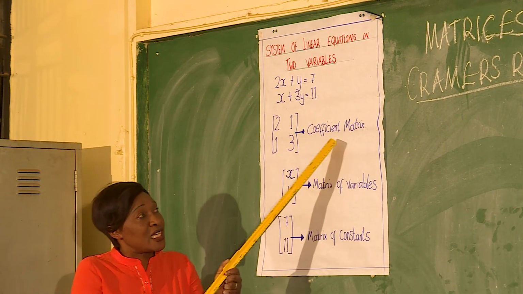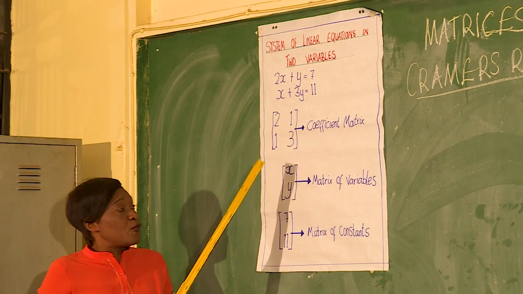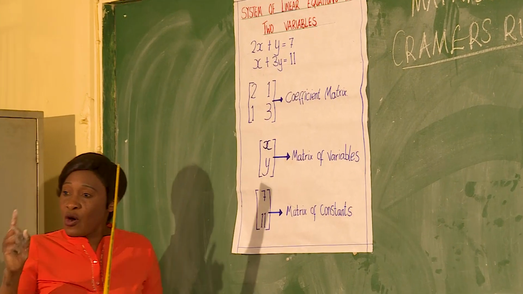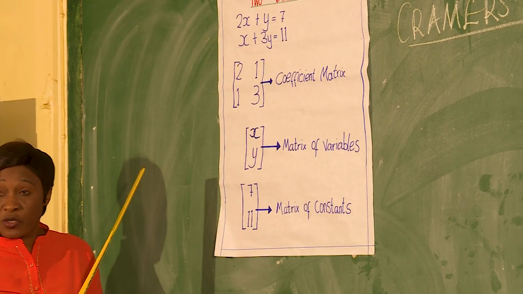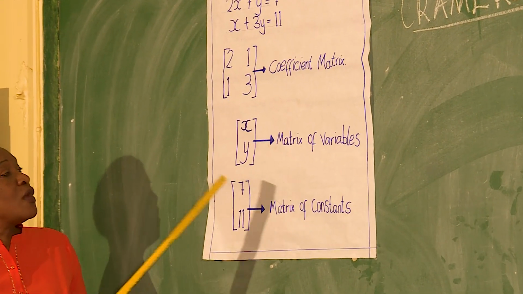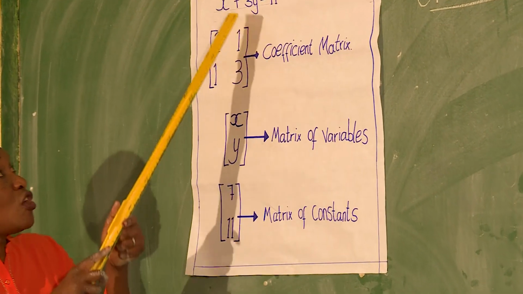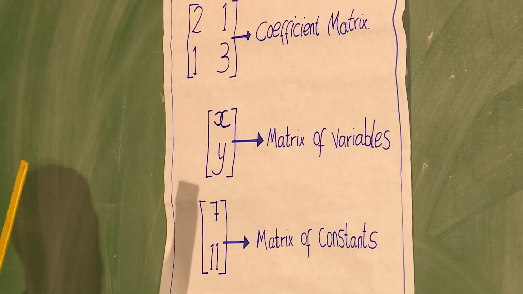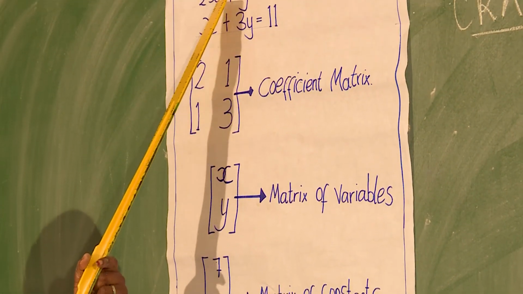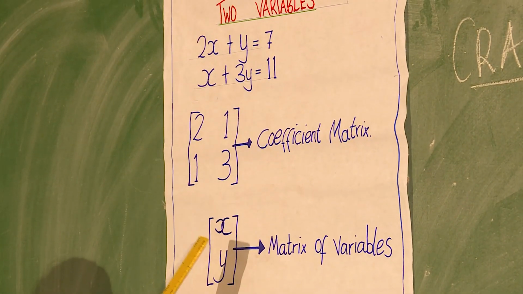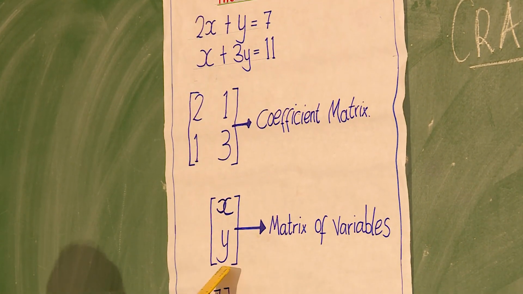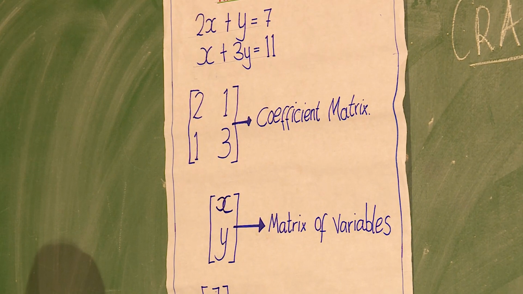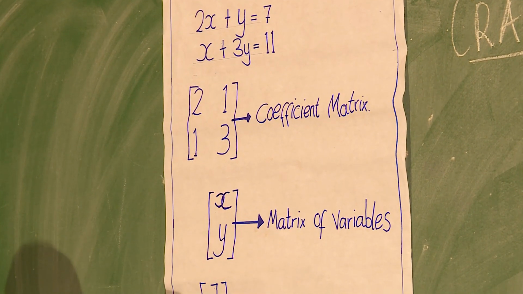So after you extract these, we now move to the next one, which is the matrix of variables. That is the second matrix that we are going to extract. You know that the letters there are called variables, isn't it? Yes. And we have the letters x and y. We represent this in a matrix form, as you can see from the brackets that I've put there.